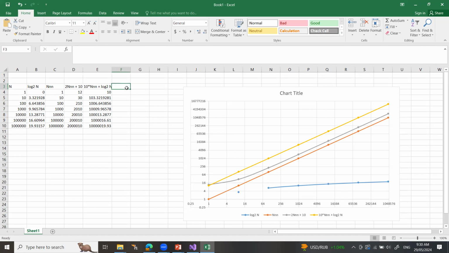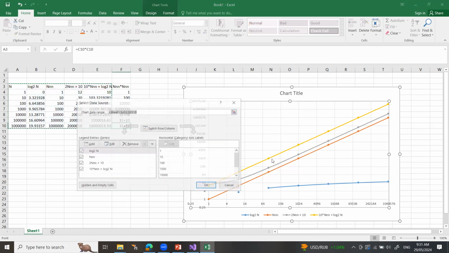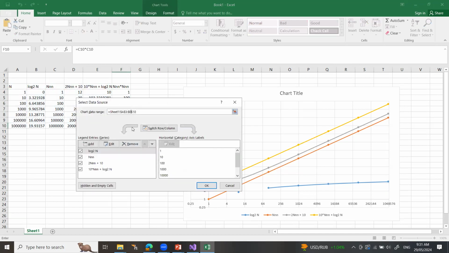So again, let's consider this one now. What if we have n times n? N times itself. Yeah, which is n squared. But I just showed you how we ended up with these complexity classes, right?